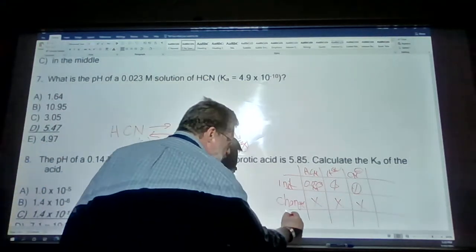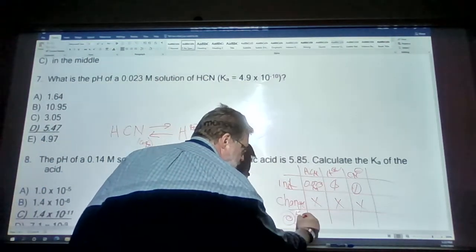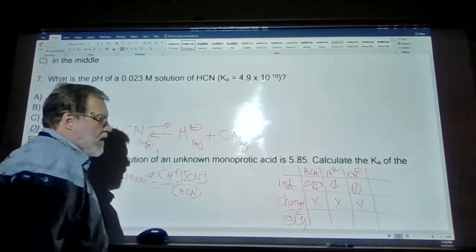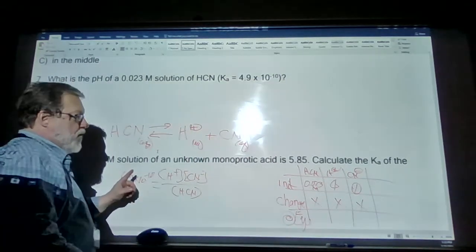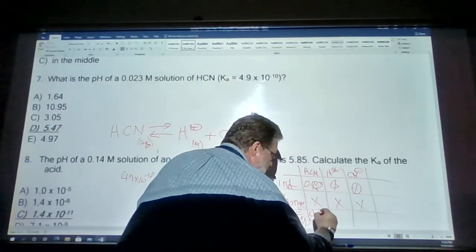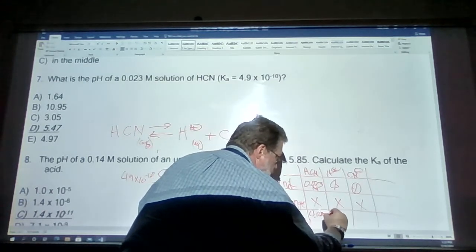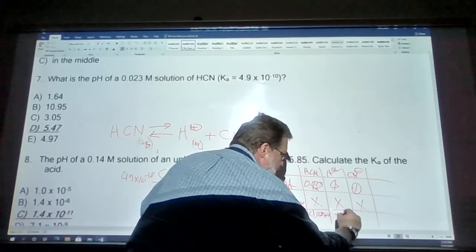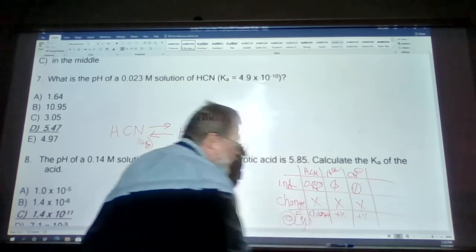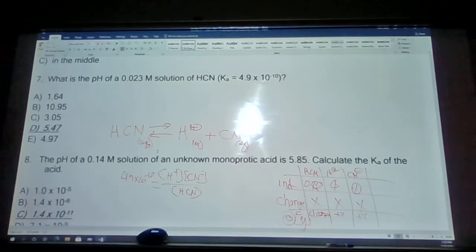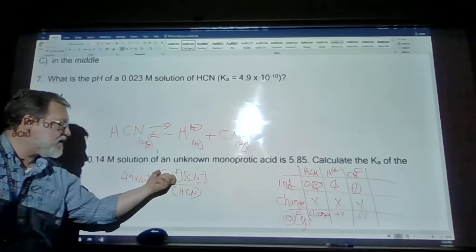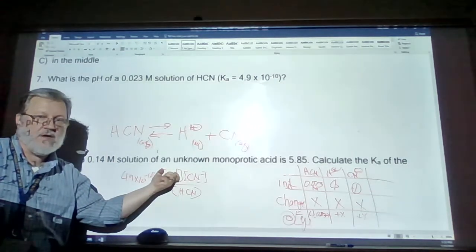So at equilibrium, we have 0.023 minus X, plus X, plus X. Again, pH is the concentration of H plus at equilibrium.